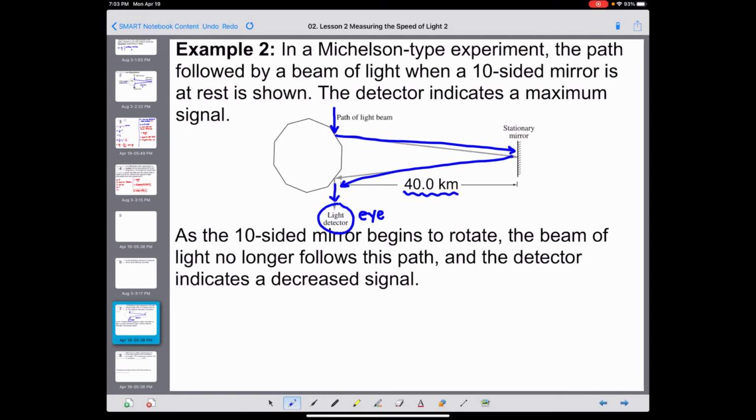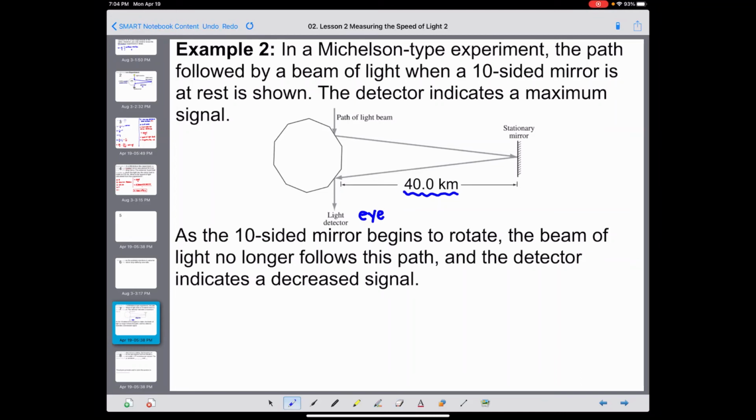The reason it's a maximum signal is that all of the light that originally comes right here is eventually making it into the light detector. Now it says, as the 10-sided mirror begins to rotate, the beam of light no longer follows this path. So they're now starting to rotate the mirror, but the mirror is probably rotating too slowly.